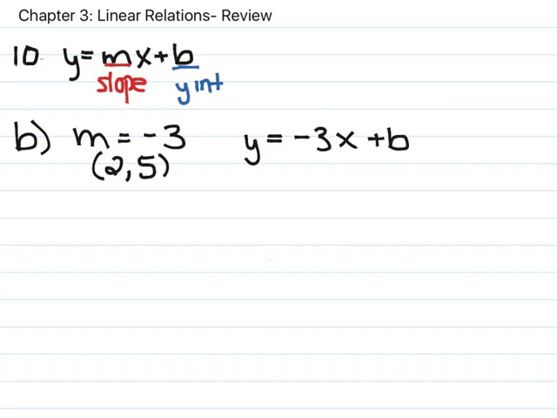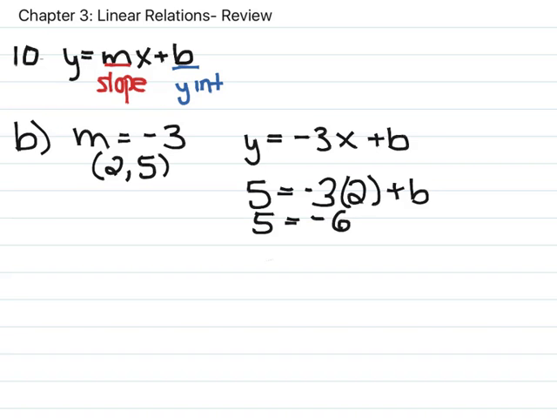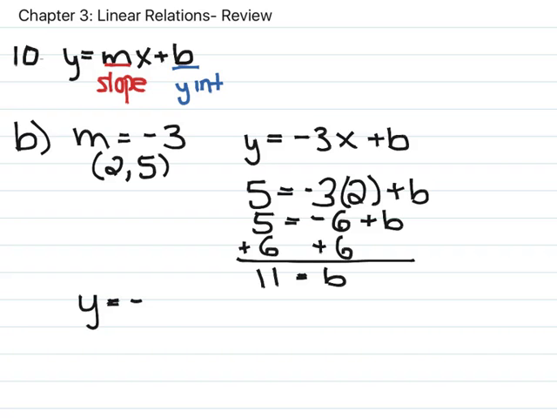The only thing we can do at this point is plug in the values you've been given. So 5 is equal to negative 3 times 2 plus b. 5 is equal to negative 6 plus b. We add 6 on both sides. 11 is equal to b. Plug it into your equation, and you get y is equal to negative 3x plus 11.